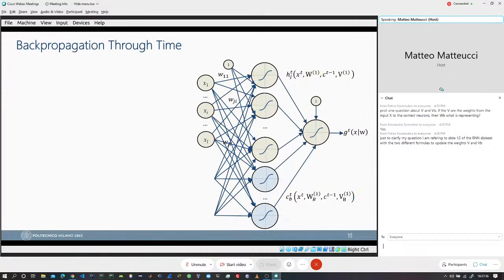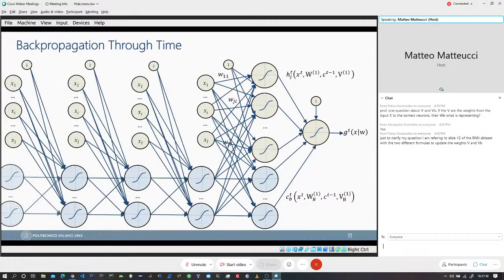When you replicate them, they appear multiple times. Oh, now I see the doubt. Right, I think the doubt is because I made an error. Thank you very much for pointing it out.